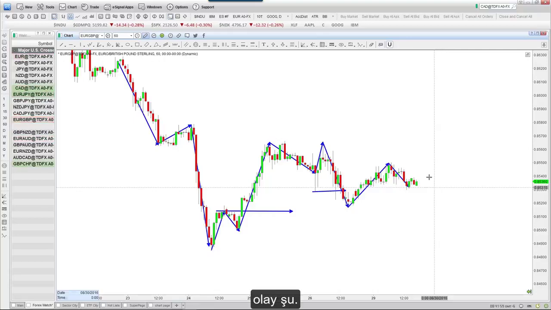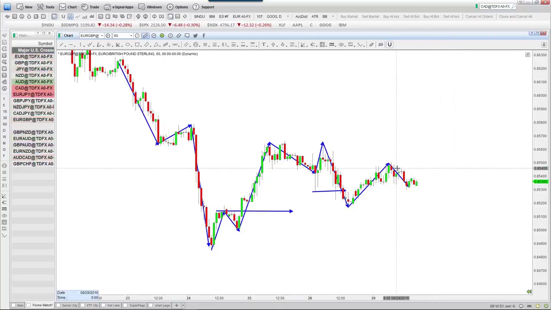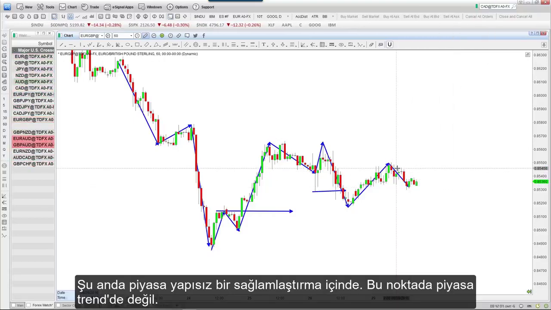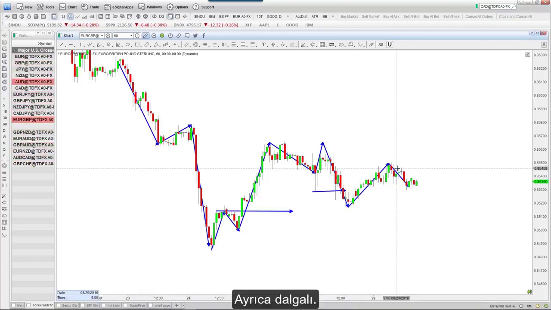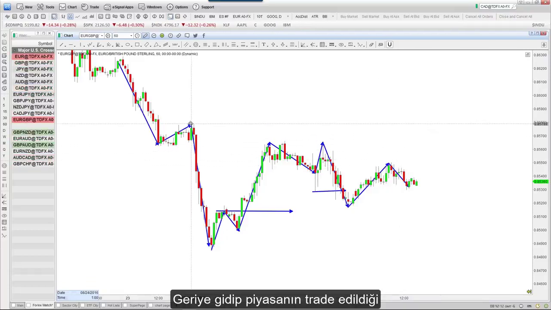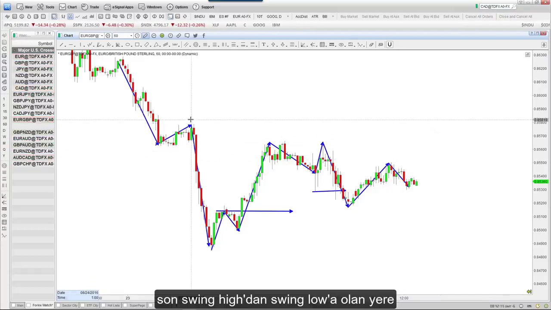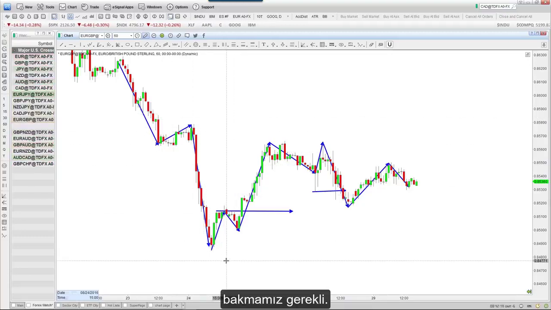Well, here's the thing. Right now, we're in a form of unstructured consolidation. At this point, the market is not in a trend. It's choppy. And we have to go back and look at the last swing high to swing low that the market traded in.